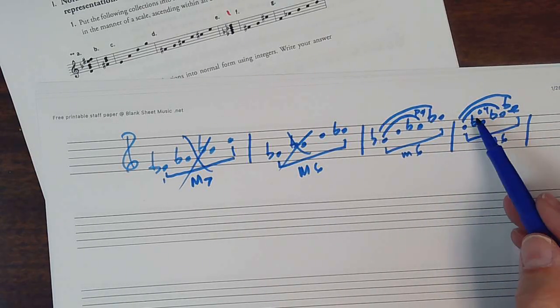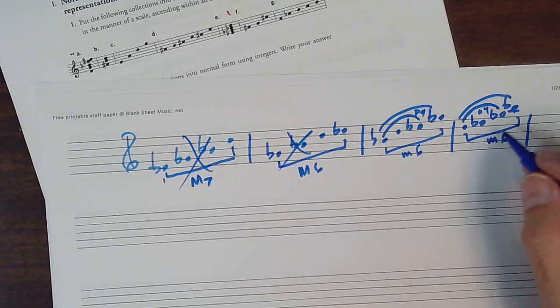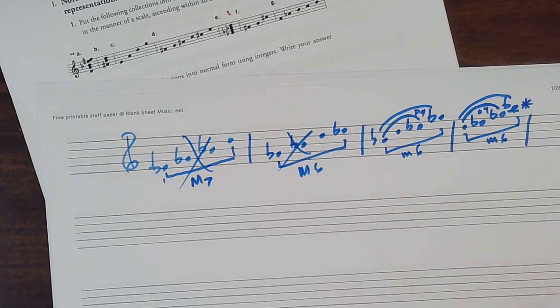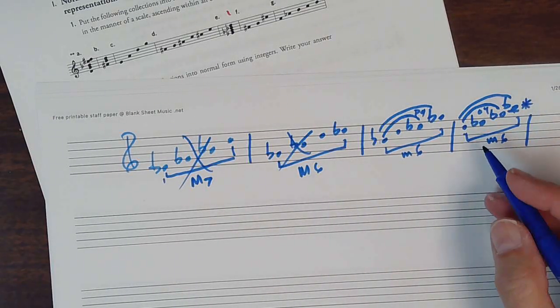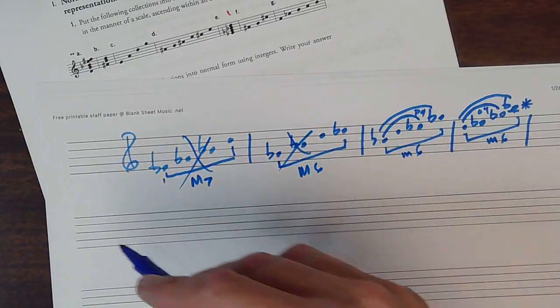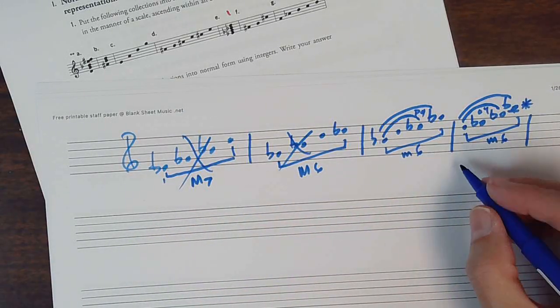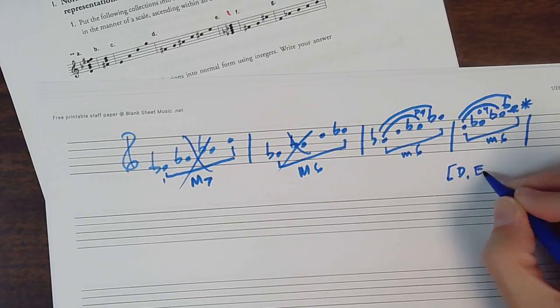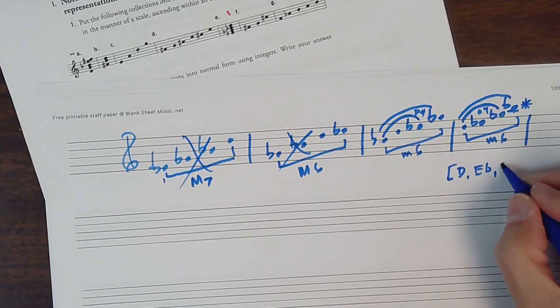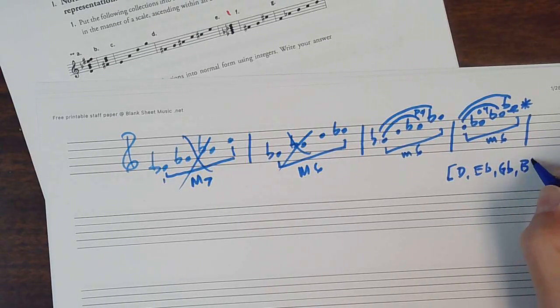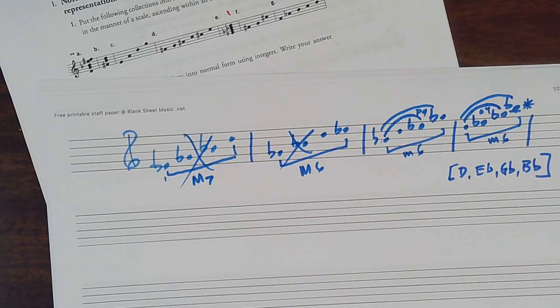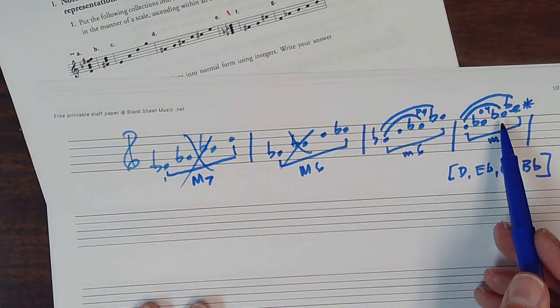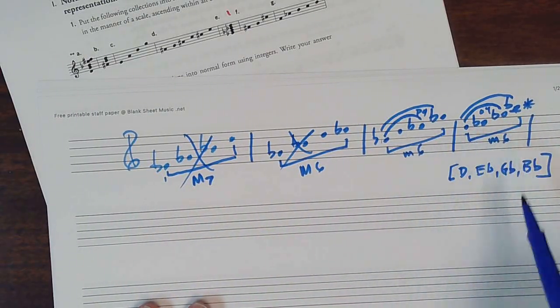So this one is more packed to the left, so this is the winner. The normal form for this set of pitches is D, E flat, G flat, B flat. That's the most compact one overall and the most packed to the left.